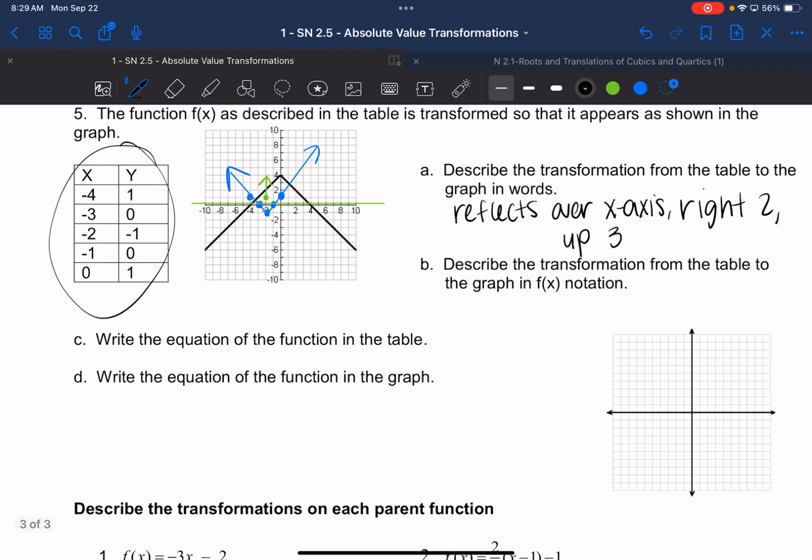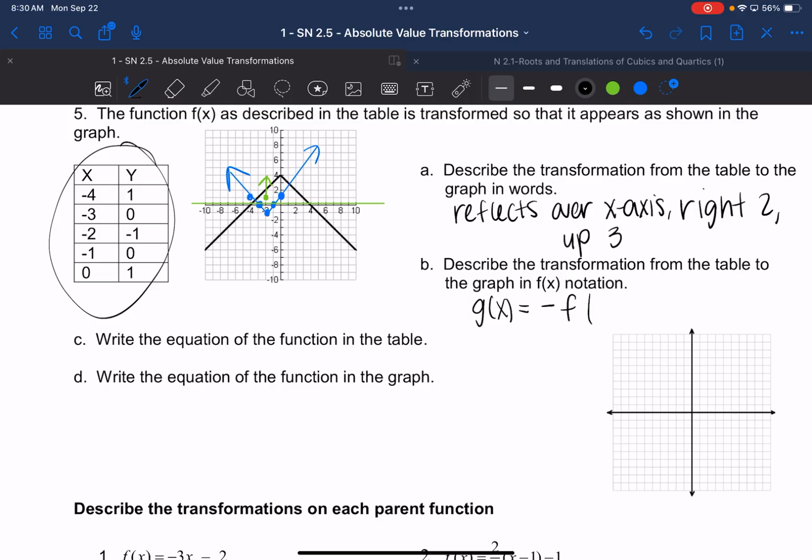All right, so then it says to describe this transformation in the actual notation, like what we saw on the previous page. So to get from our table, which we'll call f of x, to our graph that was in black, we'll call it g of x. You guys said we would reflect over the x-axis, which goes where a goes.